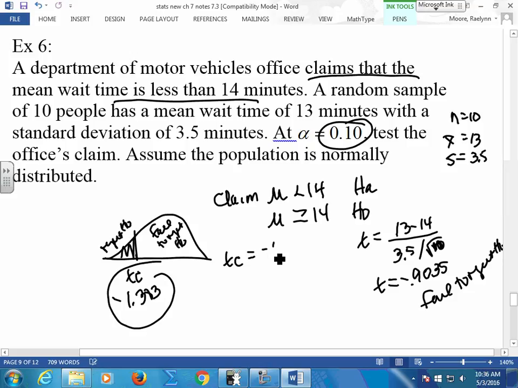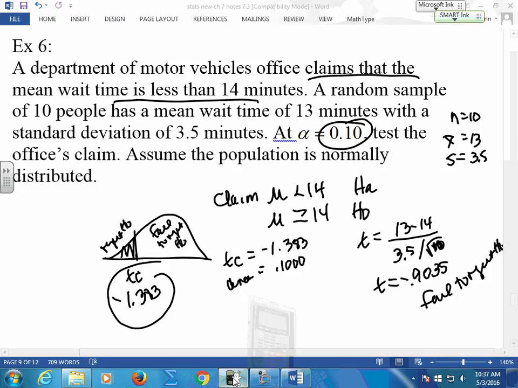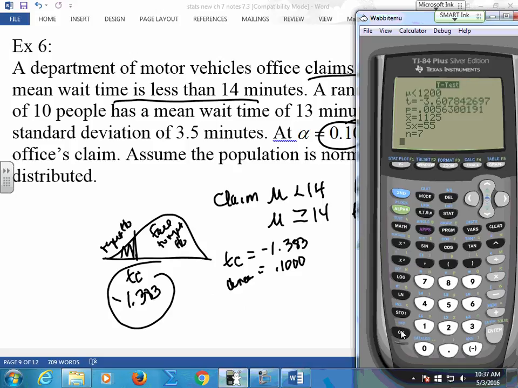So this TC says negative 1.383, and this level of significance is its area under the curve, 0.1000. Now, we found this T, but here's our problem. This is my test statistic. I have no way to find out the p-value for this. So instead, I go to the calculator. The calculator will give me the p-value.